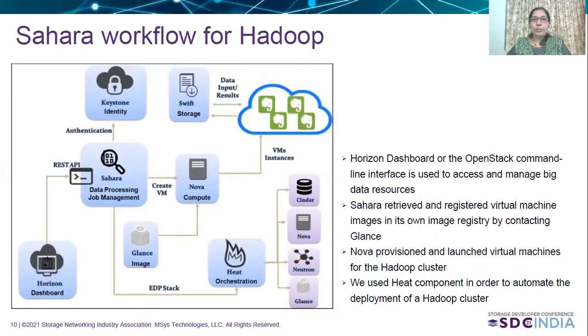Right now, we understand that Sahara will provide you a Hadoop cluster so that our big data job can be executed. So, how will the Hadoop cluster be provisioned inside the OpenStack environment? From Horizon, we request a Hadoop cluster. It reaches the Sahara REST API, which passes the request and authenticates with Keystone.